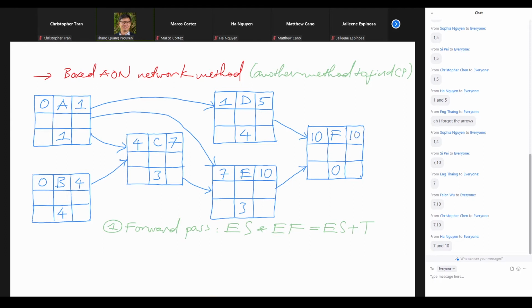Right. So let me recap. What we have just done is the so-called forward pass. We go forward by finding the earliest start date first, and then add the completion time, right? That's going forward to find the earliest finish date. And then we follow the next arrow.